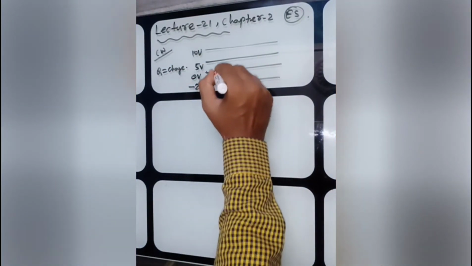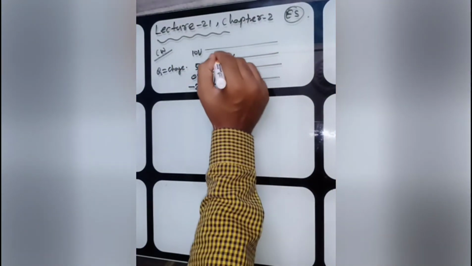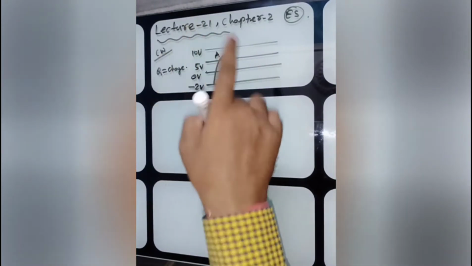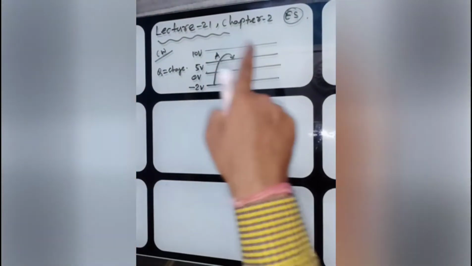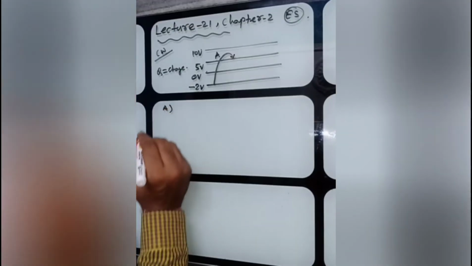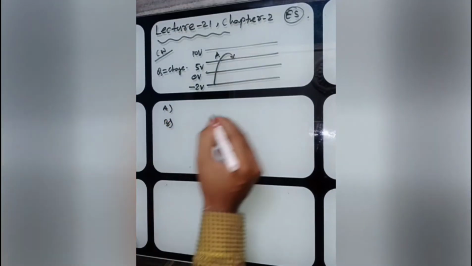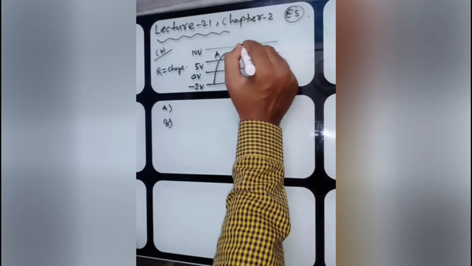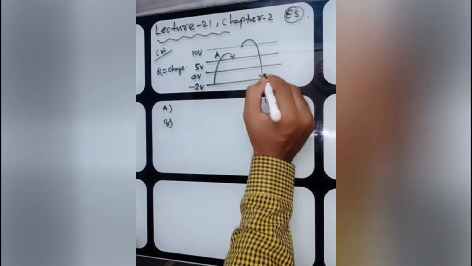One charge is to move from here to here. Case A, the same charge is to move, that is question A. In B, you have to move the charge from here to here.